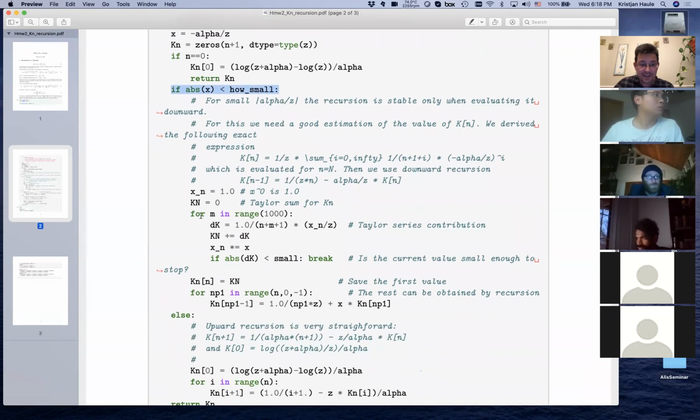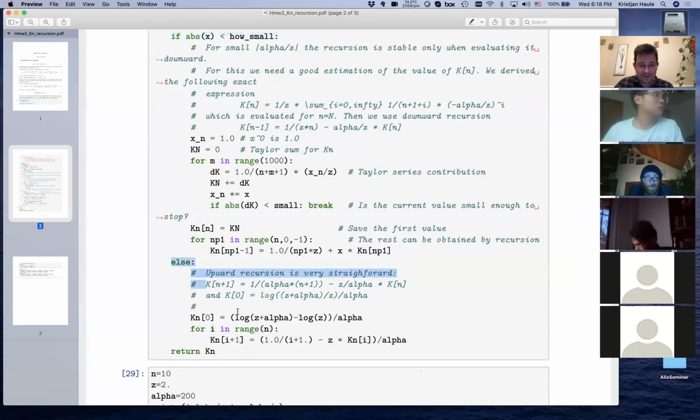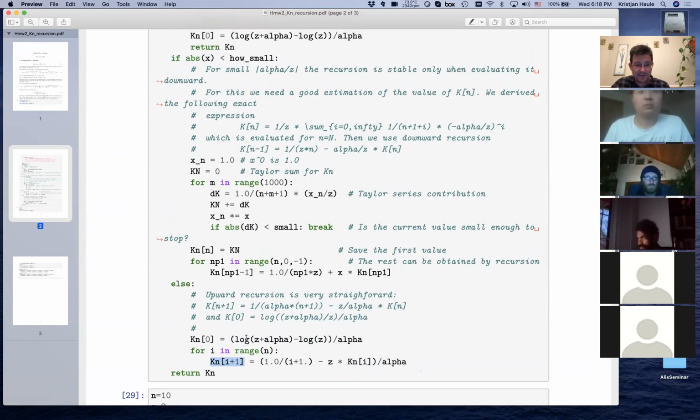For large x, I can use upward recursion. Upward recursion is completely trivial. That takes no time. K0 is just the difference of two logarithms, and then I just fill in the array with this recursion. I take Ki and I calculate Ki plus 1. Completely trivial. So upward recursion takes no time.